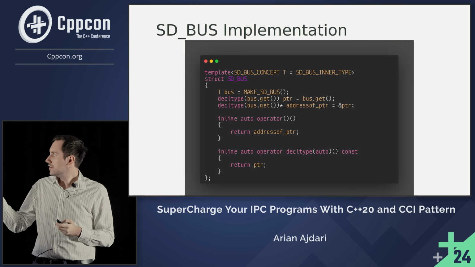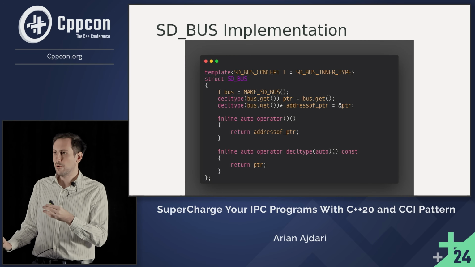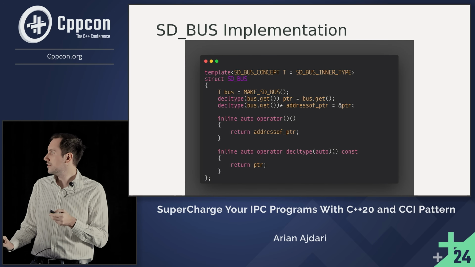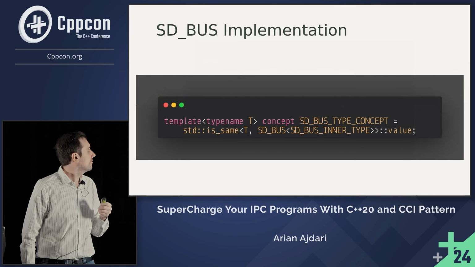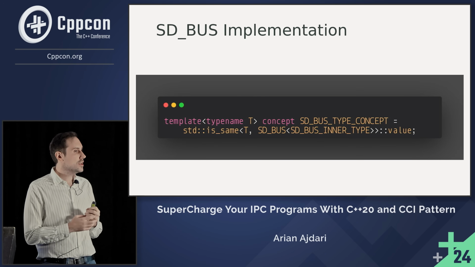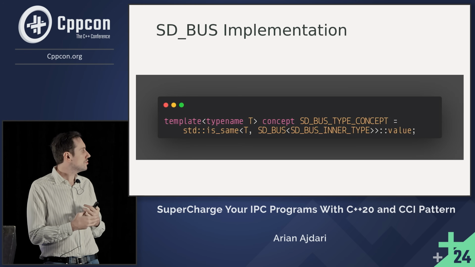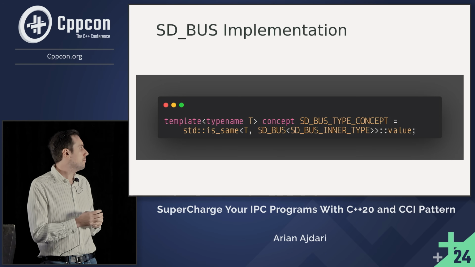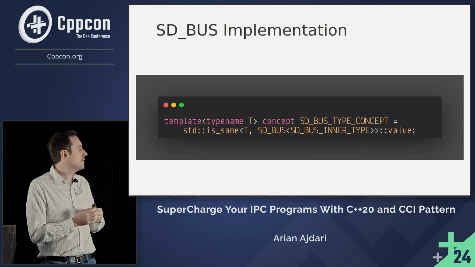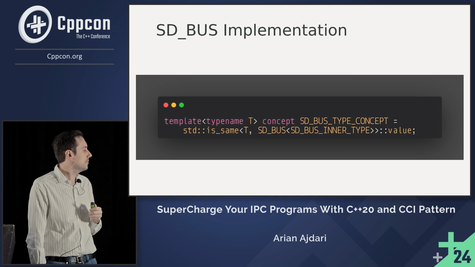So the first one is basically just the overloaded operator of small brackets, and the other is the implicit cast to the pointer. And in order to be used in functions to check whether everything is correct, I just create a new concept which makes sure that the type that we are provided is the same as the sdbus inner type.